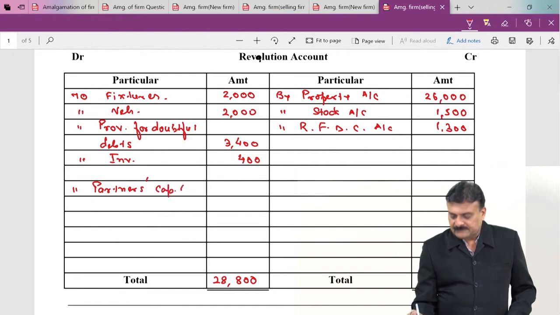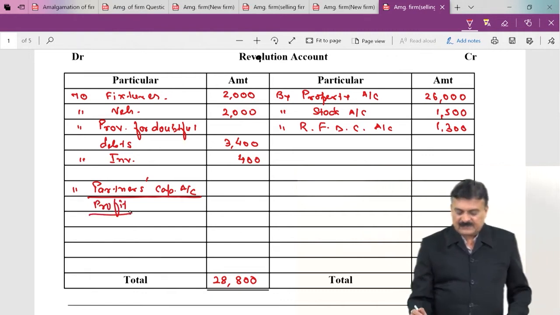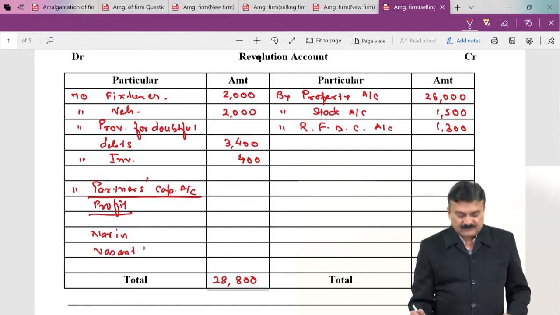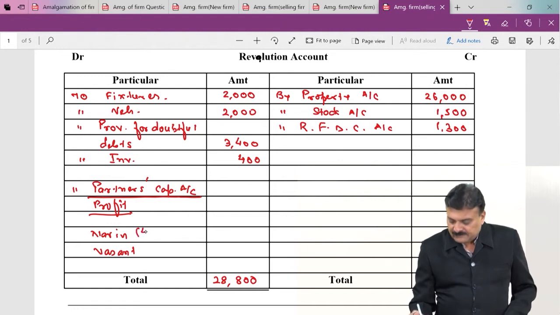Partners capital account. Underlying profit. Who are the partners in that? Naveen and Vasant. So Naveen, Vasant. What are the profit sharing ratio? 4/7 and 3/7.